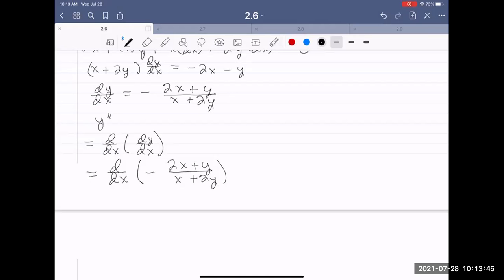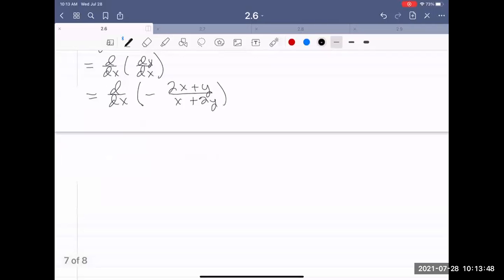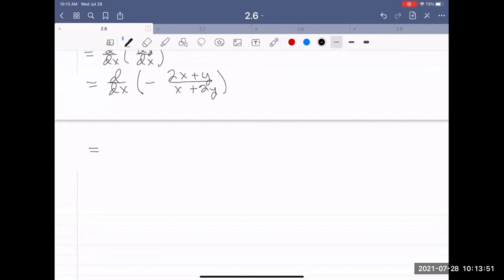And so this is equal to the derivative of the numerator, which is 2 plus, so derivative of 2x is 2, derivative of y is y prime. Maybe I'll just use a y prime here, make it look more like a prime. So that's the derivative of the numerator times the denominator minus the numerator.